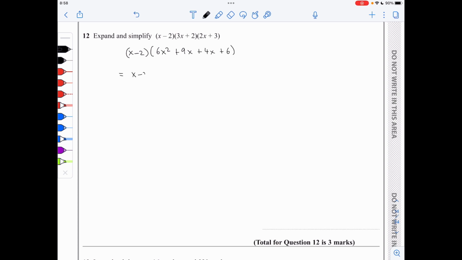So I will collect like terms after the expansion, 6x squared plus 13x plus 6, and I will be expanding once more, 6x cubed plus 13x squared plus 6x minus 12x squared minus 26x minus 12, which simplifies to 6x cubed plus x squared minus 20x minus 12.